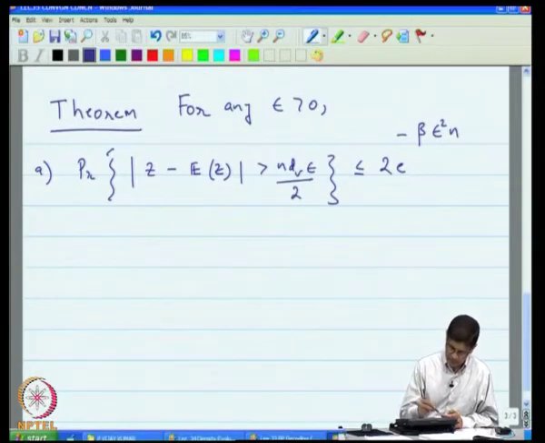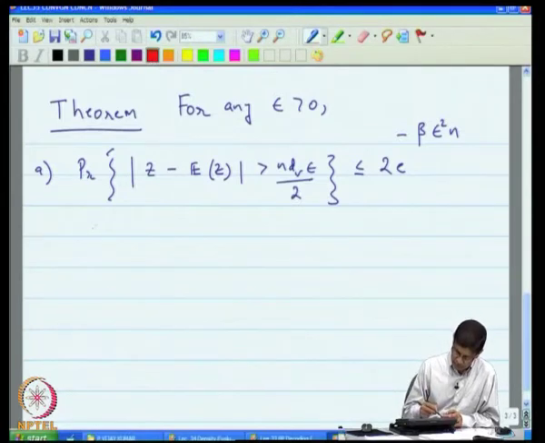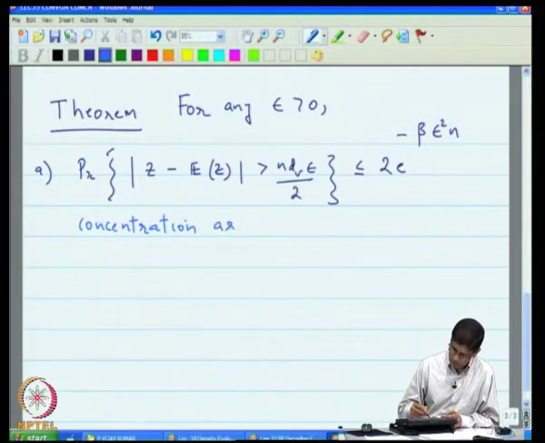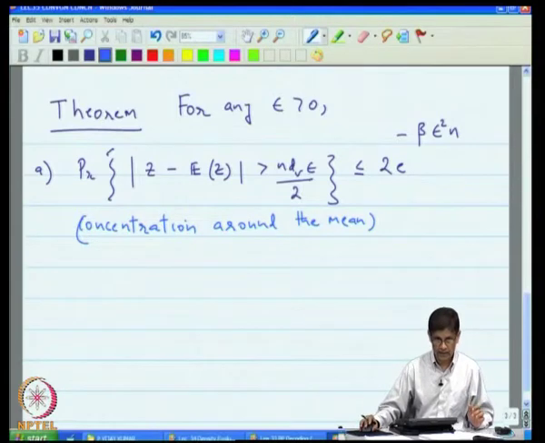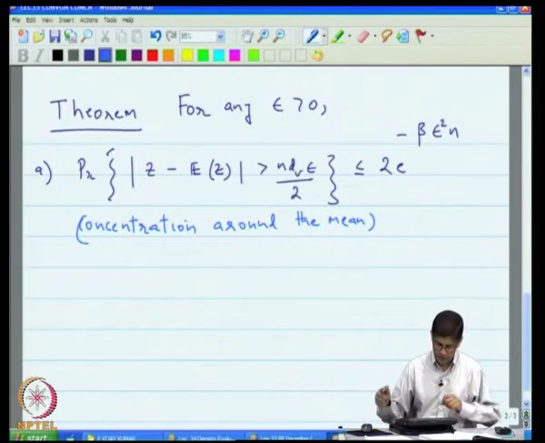And this result we will term concentration around the mean. Now, I will explain in a little bit what all these symbols mean. Right now, I just want to put down the formal theorem.